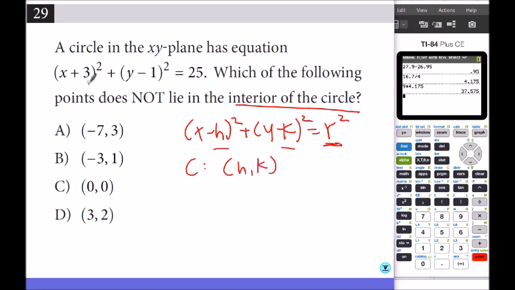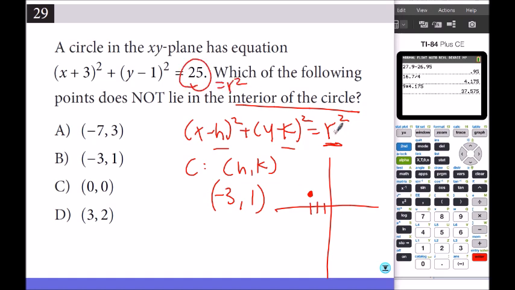Center is the opposite: negative 3 and positive 1. So if you sketch it, it's negative 3 and 1. Here's the center. And the radius is what? This is r squared, so r is 5 because 5 squared is 25. So you go 1, 2, 3, 4, 5 in each direction.